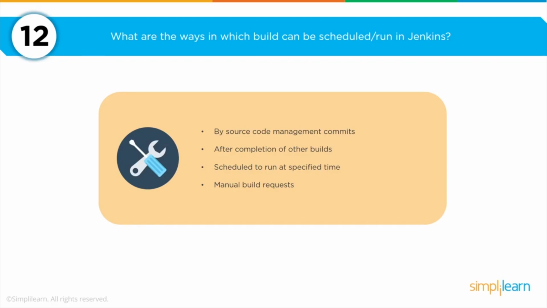So maybe you have multiple builds in your project that are dependent on each other, and when so many other builds have been executed, then you can have Jenkins run. You can schedule builds to run at a specified time. So you may have nightly builds of your code that illustrate the changes in the solution you're building. And then finally, you can also manually build an environment on request.